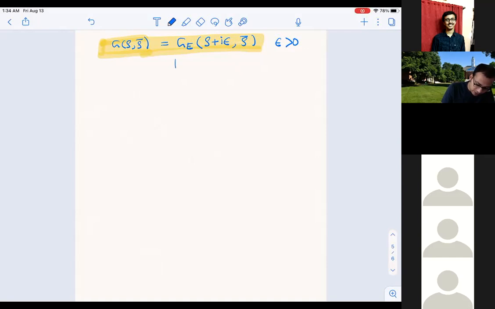So this implies the following condition. Let me call that condition 1.